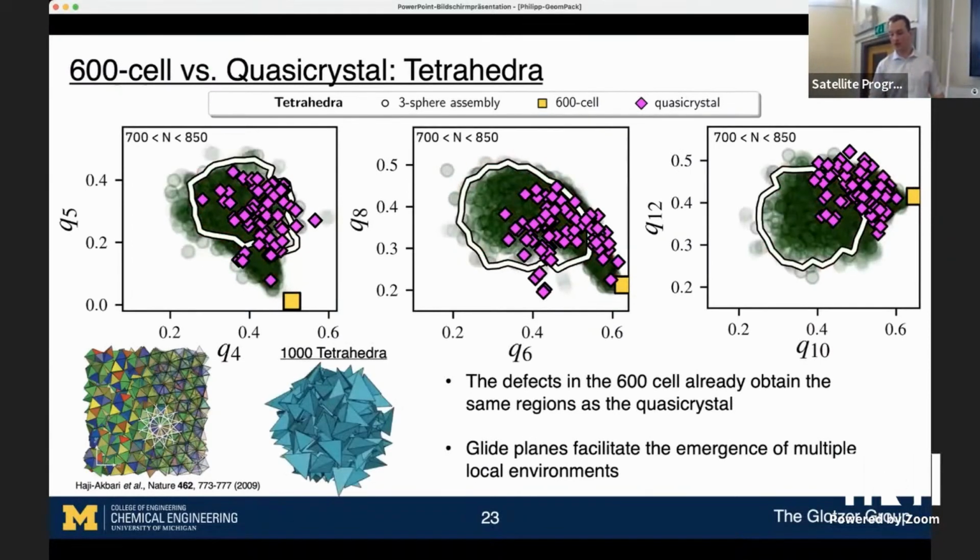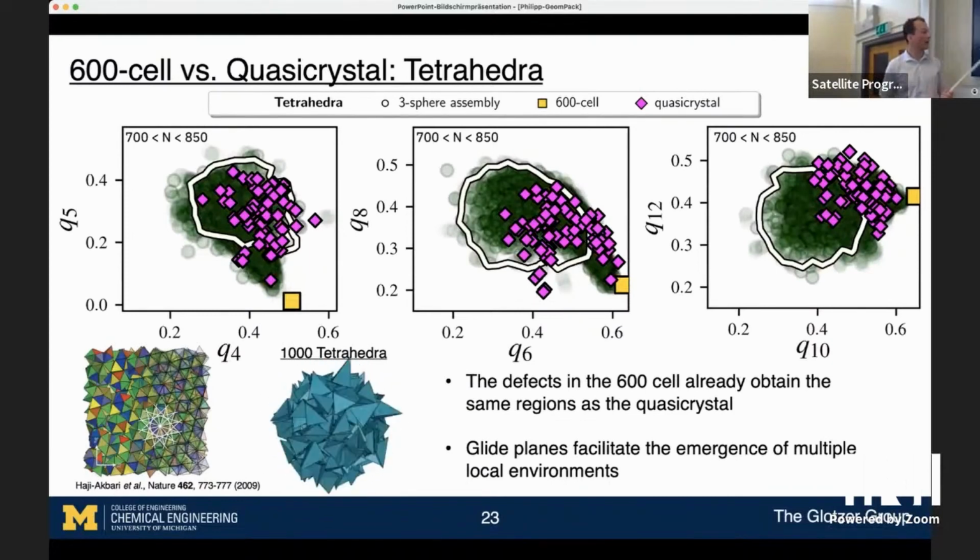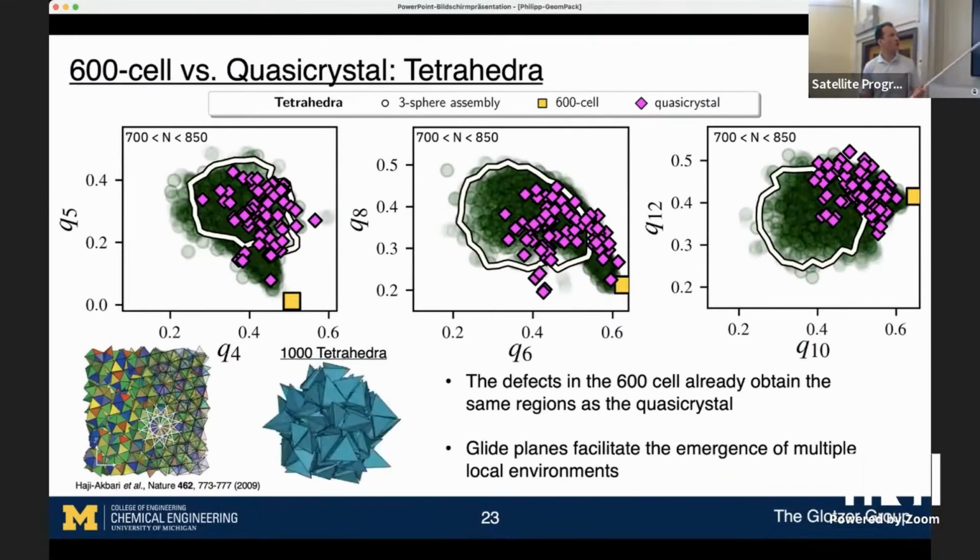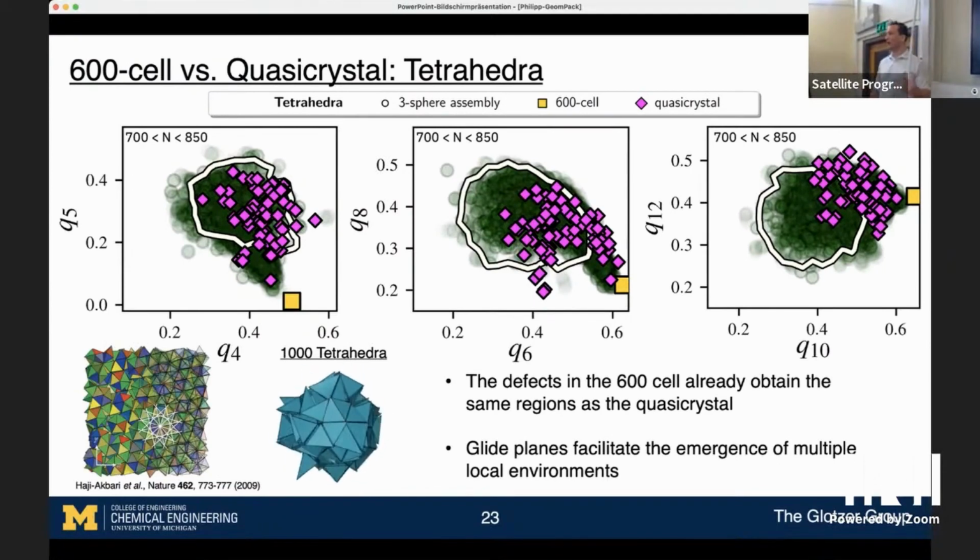And if you increase the particles even more, and here I also have a small simulation, you can see that this face-to-face alignment is still very present in these systems, where you get these pentamers which Michael also talked about, which are essential to form the quasicrystal structure.